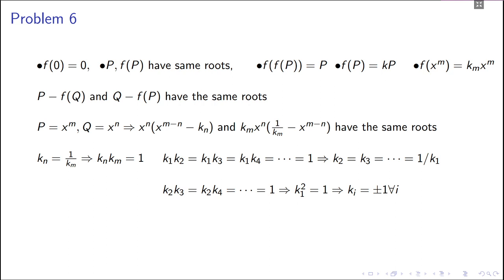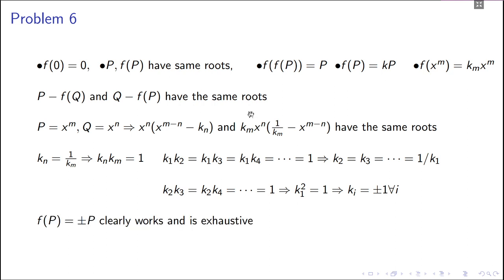And now the only thing you have to check is whether 1 and minus 1 work for the general case here. If you put k equal to 1, all the relations will be satisfied. F of 0 will go to 0, p and f of p will have the same roots, f of p will be p, this relation will also be satisfied. If you put k equal to minus 1, then also all these relations will be satisfied.